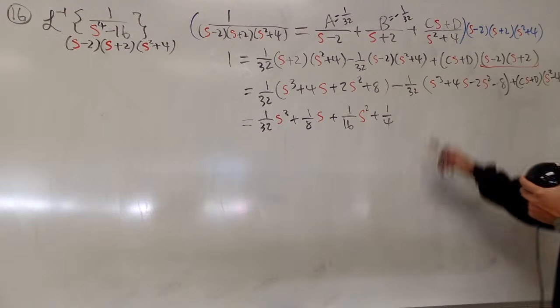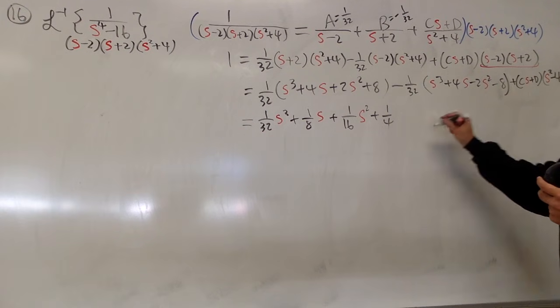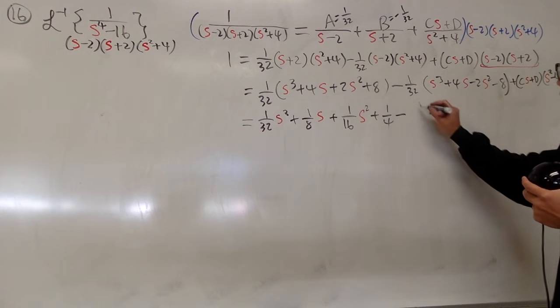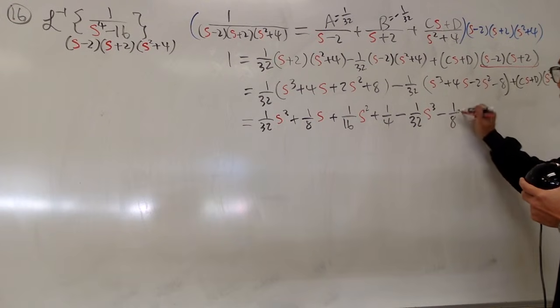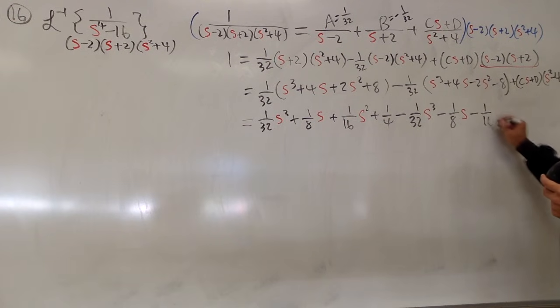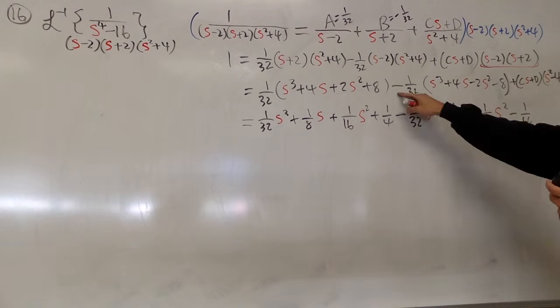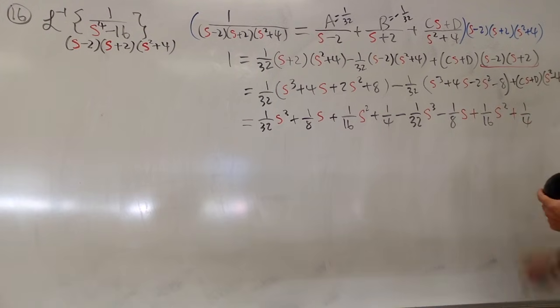Good. Now I have some minus going on, so it's minus, and this and that is 1 over 32 s third power minus 1 over 8 s, and then minus 1 over 16 s squared, and then minus 1 over 4. Sorry, minus minus should be a plus, and that's it.